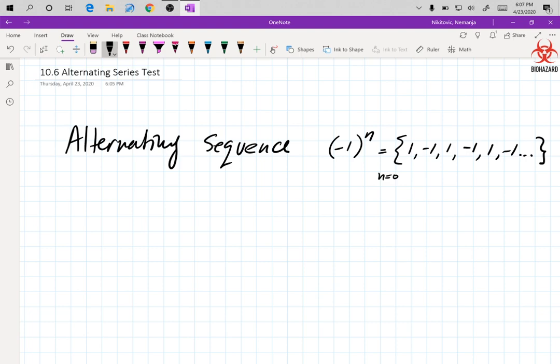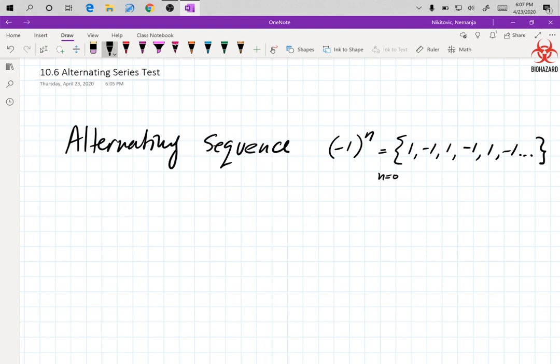An alternating sequence is just the list of these numbers. It has nothing to do with sums or anything like that. It's just the list of positive ones and negative ones.